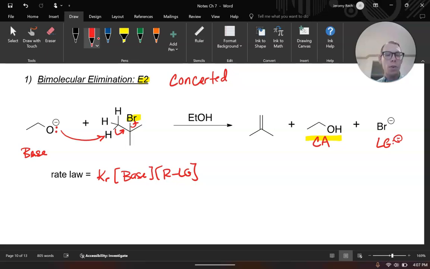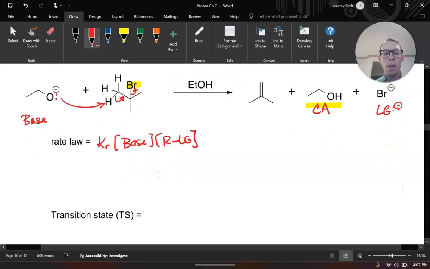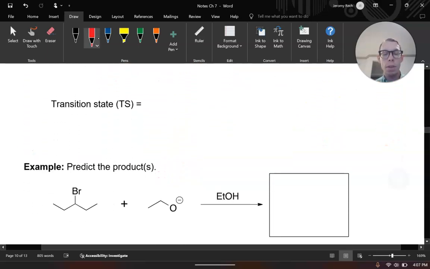Now, if we wanted to get practice predicting a product with this, we could consider, for example, this structure here. Here we have a strong base, our ethoxide ion. Ethoxide because it's ethyl, as in two carbons, and then the oxide from being the deprotonated ethanol.